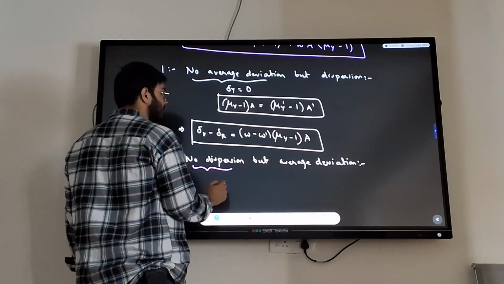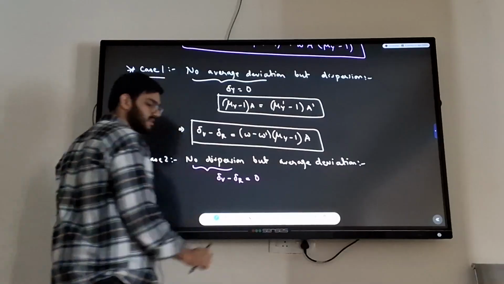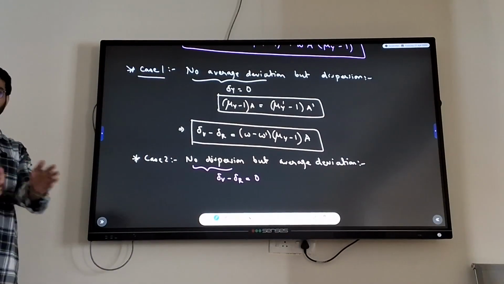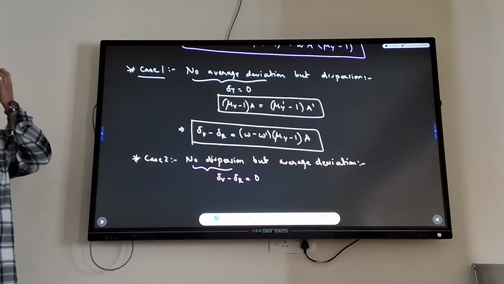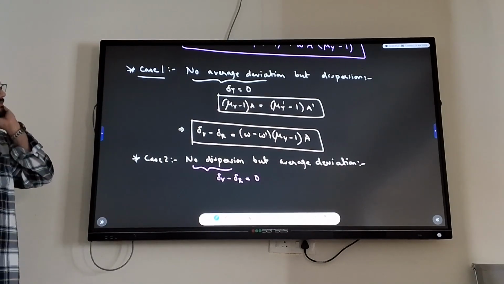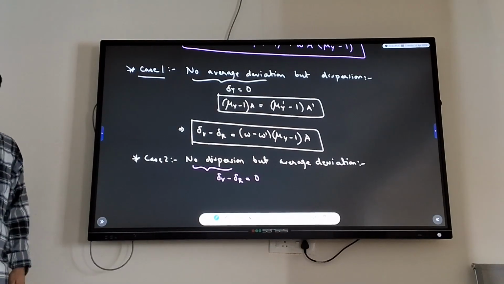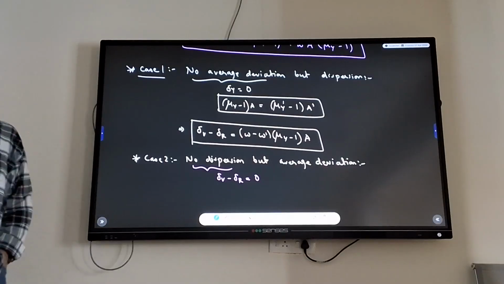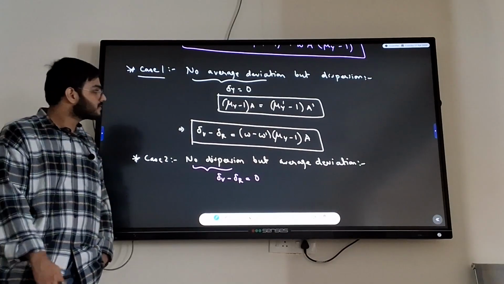What is 0 this time? Delta v minus delta r is 0, not this time. There is no dispersion. Okay. We have mu v minus 1 into a equal to mu v dash minus 1 into a dash, or it will conclude mu y minus 1 equal to mu y dash minus 1.